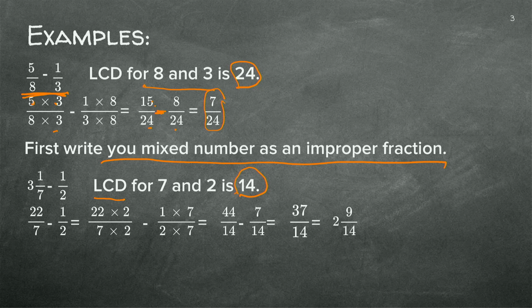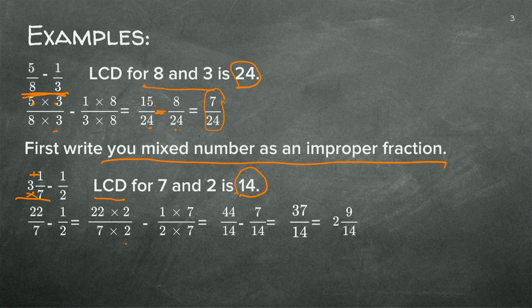So now first we're going to change this into an improper fraction. So again, 3 times 7 is 21, plus 1 is 22. So we've got 22 over 7 minus a half. So to get from 7 to 14, we're going to multiply by 2 at the bottom and 2 at the top. And to get from 2 to 14, we're going to multiply the bottom by 7 and the top by 7, the denominator and the numerator.